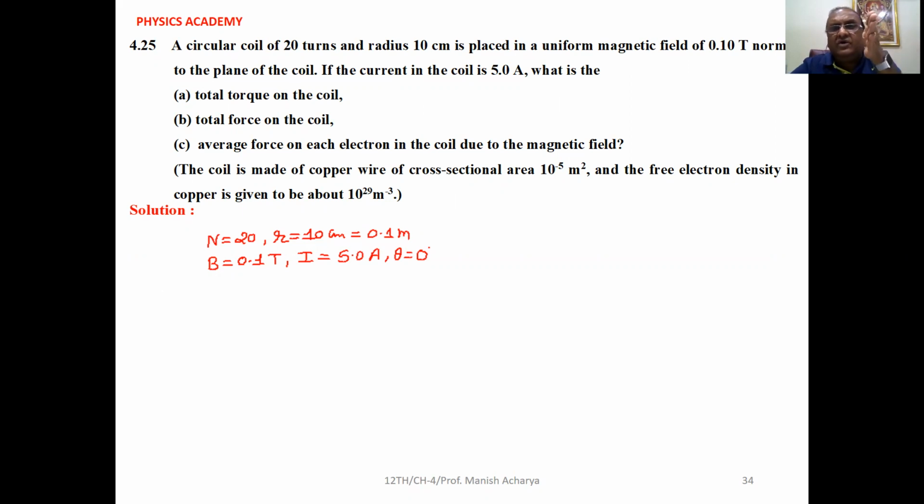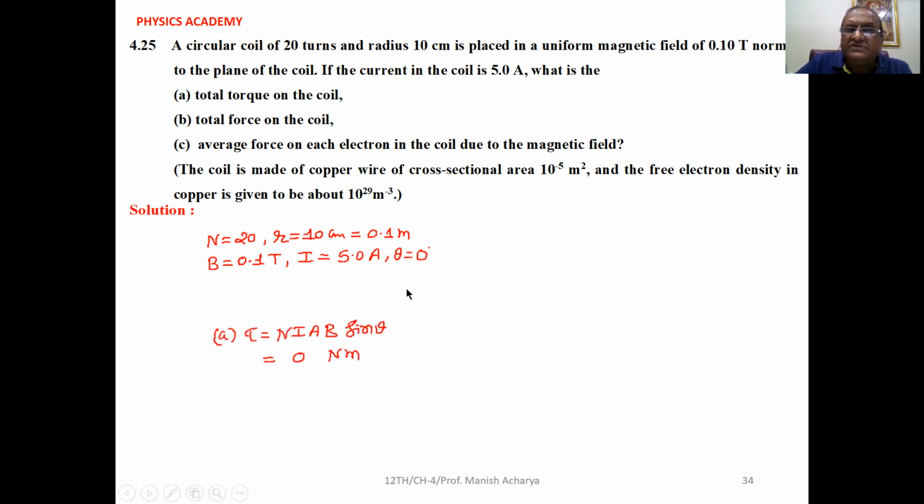So this is the plane of the coil and normal to it, so field is like this. If we take the area vector for the coil, which is also perpendicular to the plane of the coil, then area vector A and the magnetic field B both will be in the same direction. And therefore, theta is equal to 0.